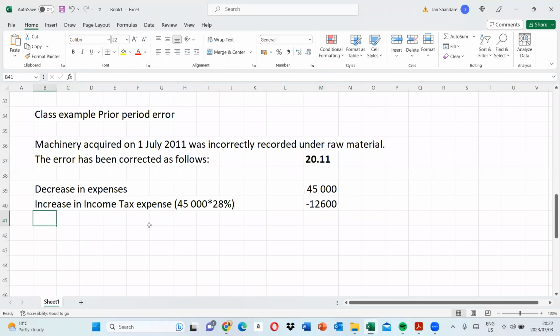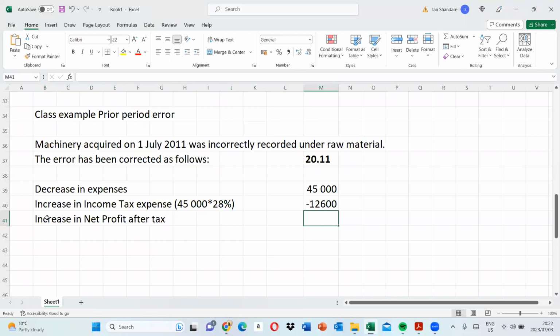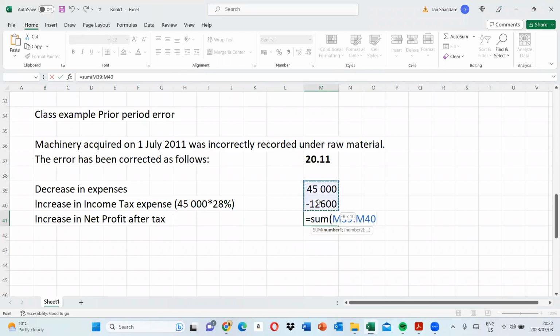Why? Because you want to use it to reduce the decrease in expenses, so that at the end you show the effect on your net profit. So at the end we have an increase in net profit after tax. Your net profit after tax is actually going to increase like this.